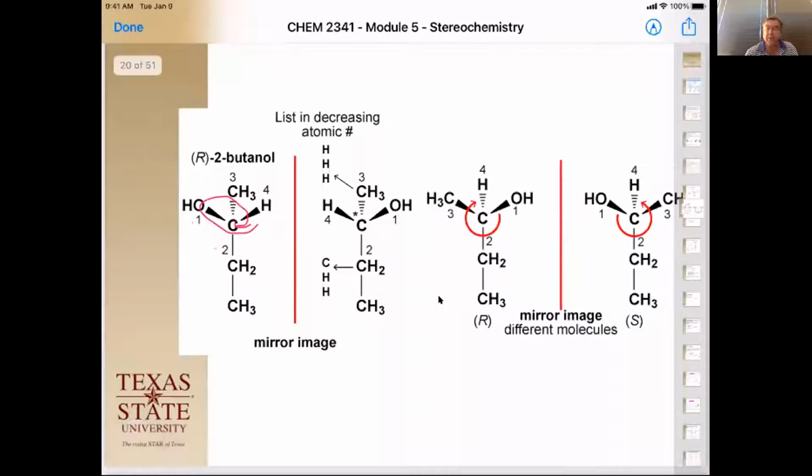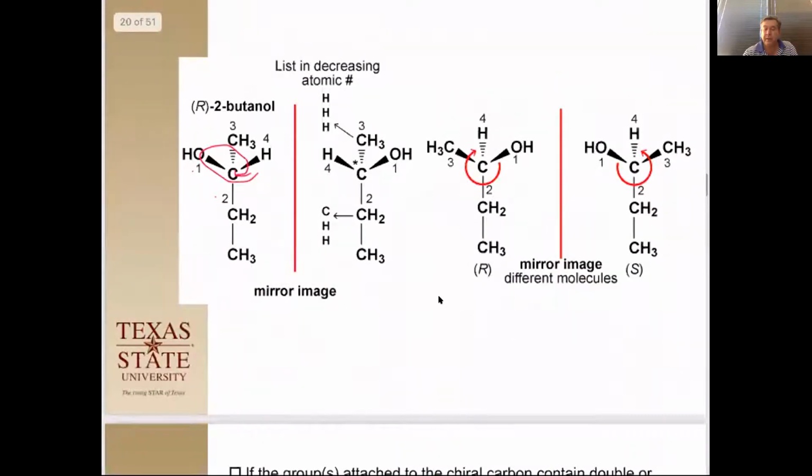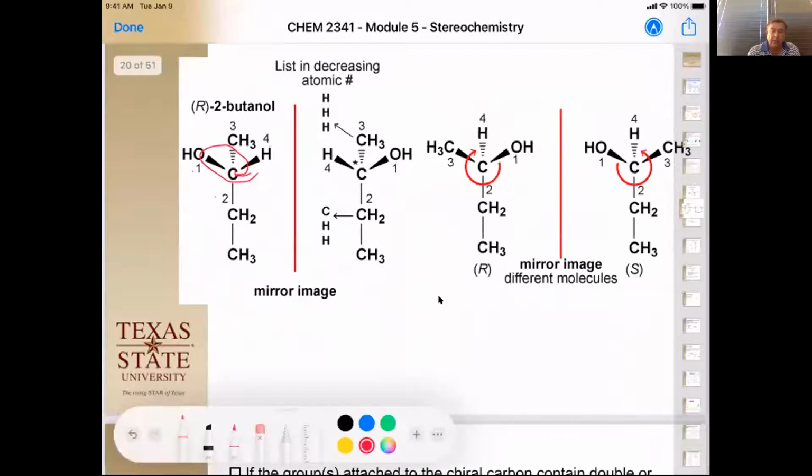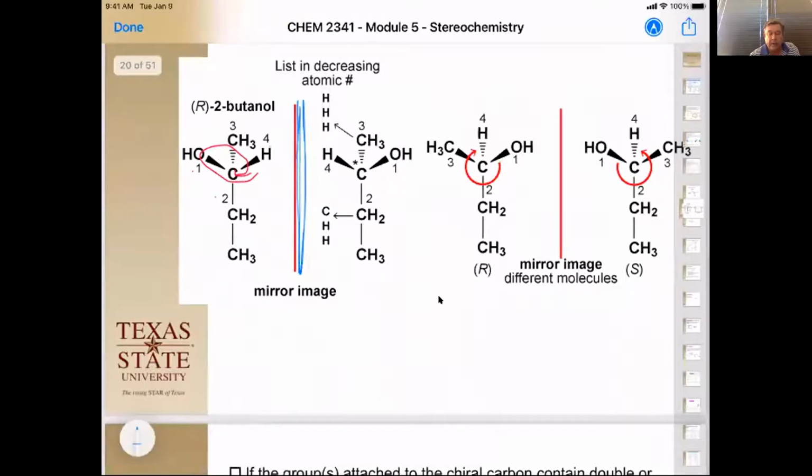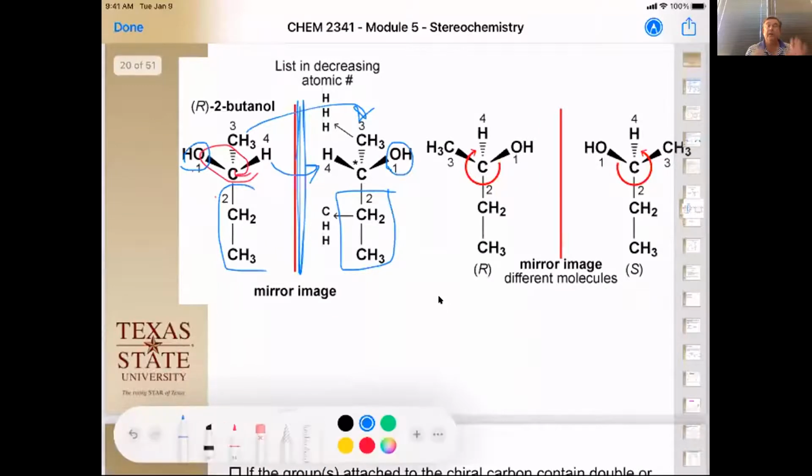So the first thing we do, of course, is draw our mirror plane right here in the middle and start right here. Hydrogen with a wedge, methyl group with a dashed wedge, OH with a solid wedge, and our ethyl group is facing down again, okay? So we now have our true mirror image.